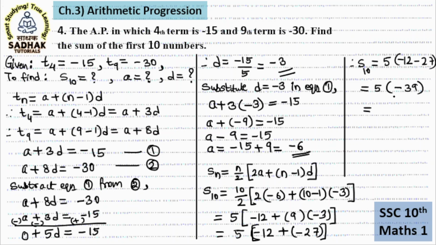Let us multiply them then. 9 5s are 45, so 4 carry. 9 3s are 27... 5 3s are 15 plus 4 is 19, and there is a minus sign. So in this AP, the sum of the first 10 numbers is minus 195. That is our answer.